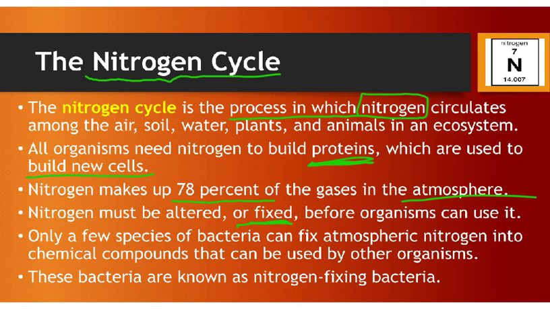And there's only a few very special species of bacteria that can fix nitrogen into a type of chemical compound that can be used by other animals, used by other organisms, and we call these organisms nitrogen-fixing bacteria because they are bacteria that fix nitrogen.